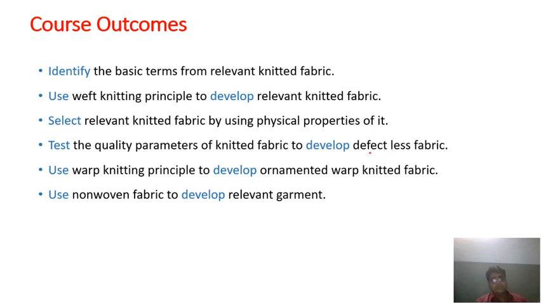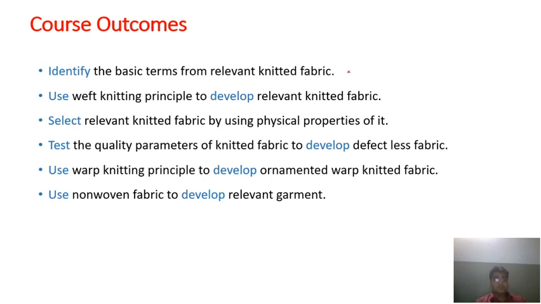Now let us move towards the various course outcomes we are going to get after learning this particular course. These are the major outcomes of learning this course. Now the very first outcome we are going to get is to identify the basic terms from the relevant knitted fabric.